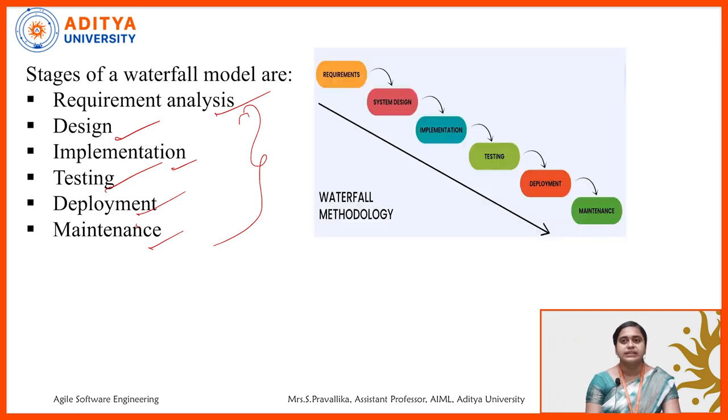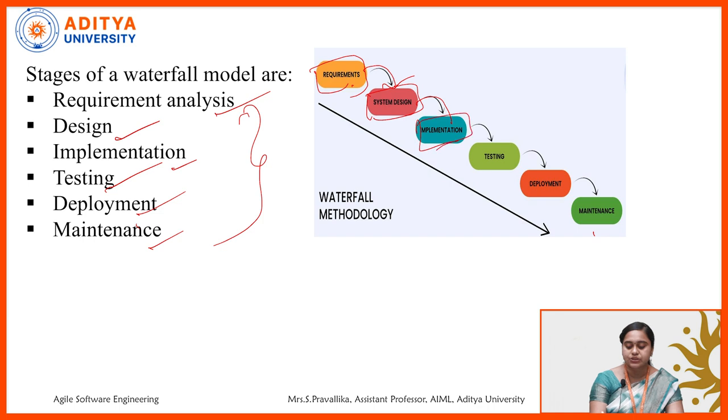Here we can see the diagrammatic representation of the waterfall methodology. Starting from requirements to maintenance, we can see 6 phases: requirements, then an arrow to system design, then to implementation, then testing, then deployment, then the maintenance phase.